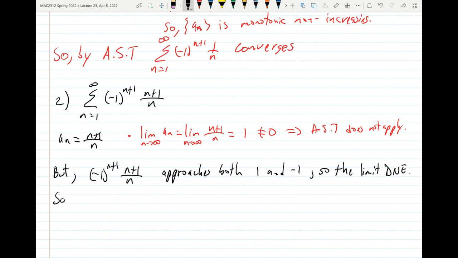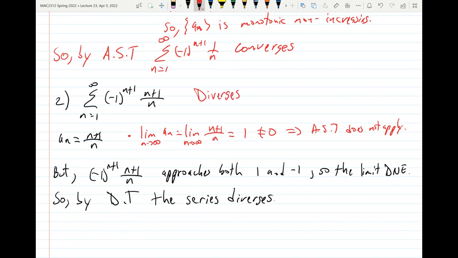The limit does not exist, so by the divergence test, the series diverges. So here we use the divergence test. We didn't use limit comparison or the alternating series test.